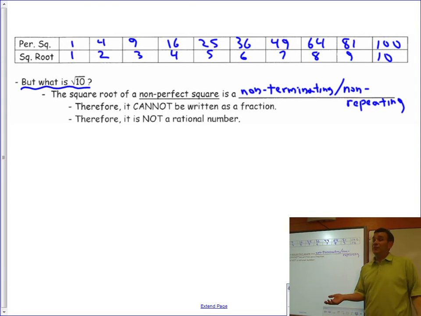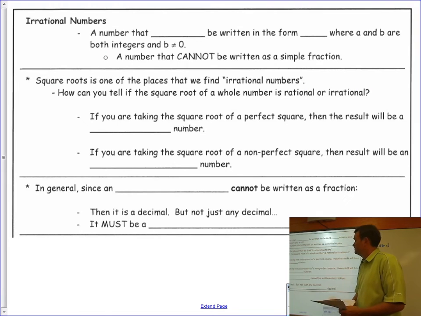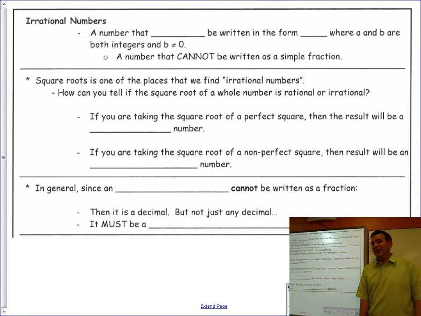So, as we learned last section, because it's a non-terminating, non-repeating decimal, it cannot be written as a fraction. So it's not a rational number. In fact, there is no exact answer because it's a non-terminating, non-repeating number. And this leads us to irrational numbers, right?